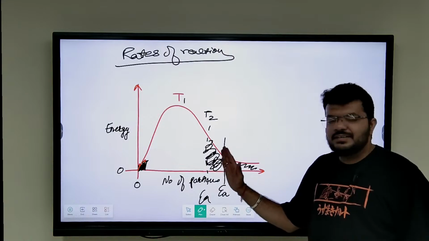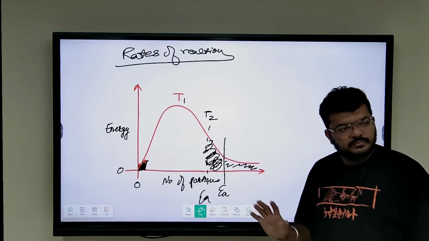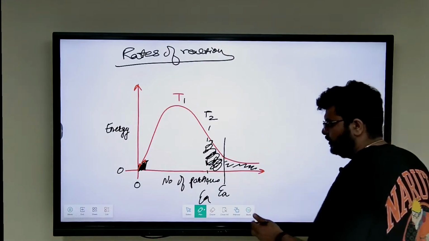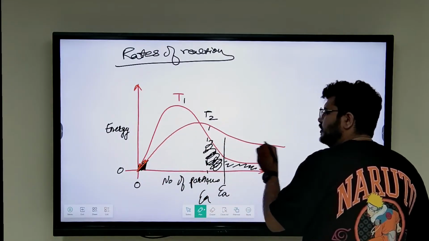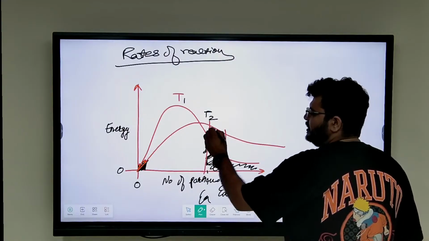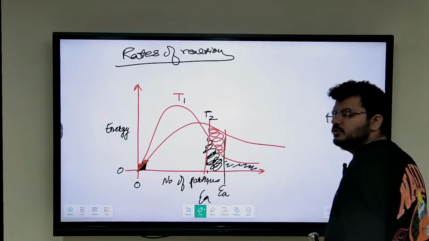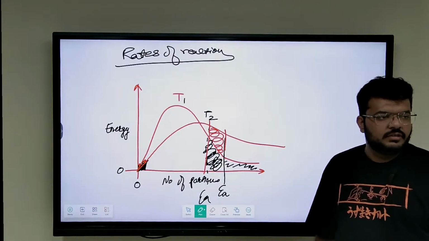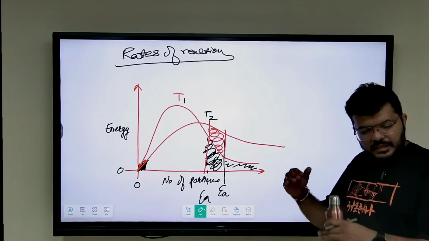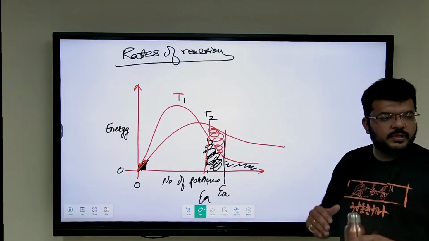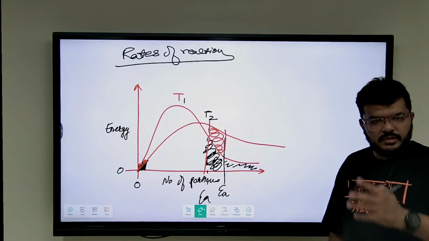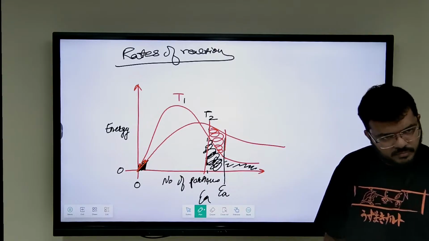At temperature T2, if there was also a catalyst, then obviously these are also particles that will react. So doing both increases the rate of reaction twofold. Both of them cumulatively act to increase the rate of reaction even more.